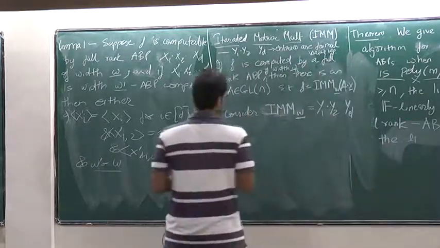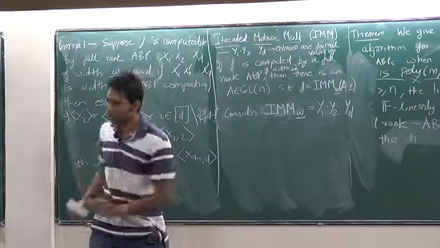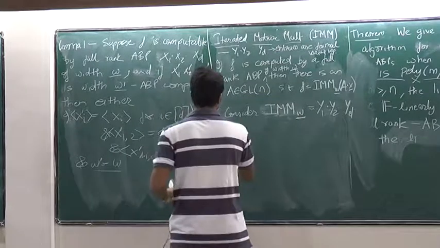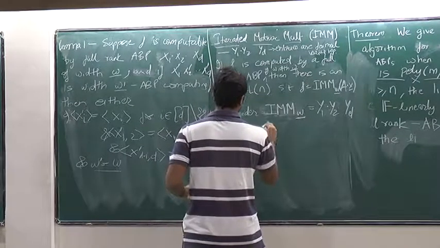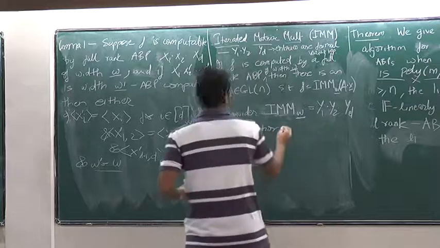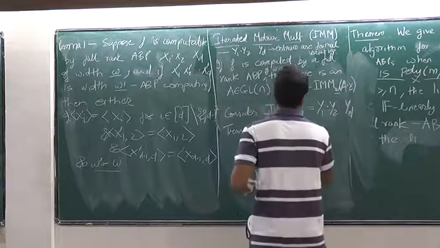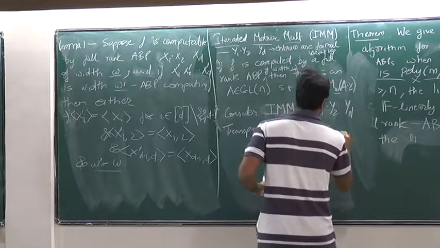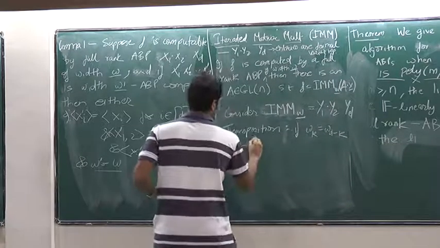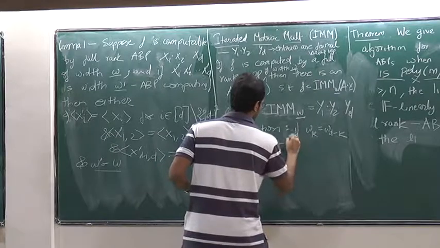So you have three transformations, exactly the way I defined them there. The transposition works only if your w_k is equal to w_{d-k} for all k in d minus 1.